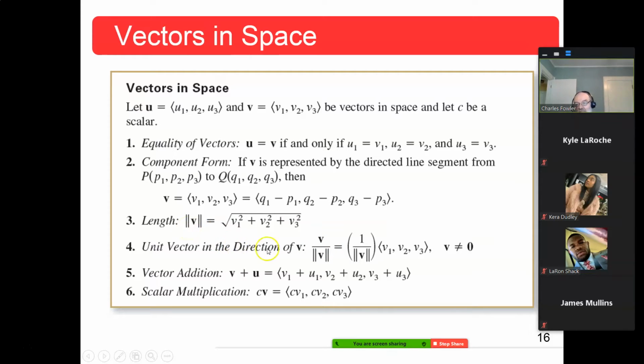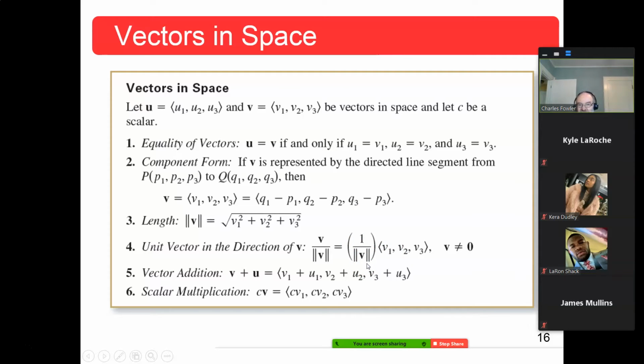Another way you could write this is 1 over the magnitude, a positive fraction, times the components v1, v2, and v3. Of course, for this to make sense, v cannot be the 0 vector. Any other vector in the world, yes, but not the 0 vector, because the 0 vector has a magnitude of 0, and you can never divide by 0.